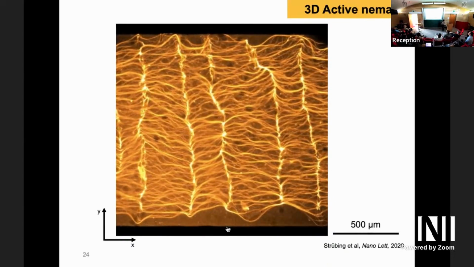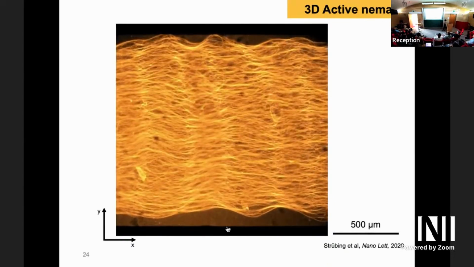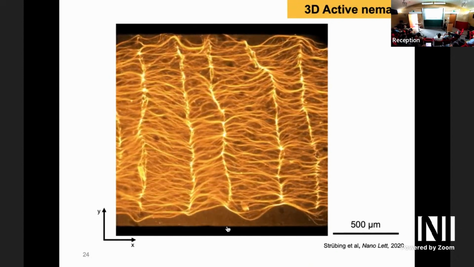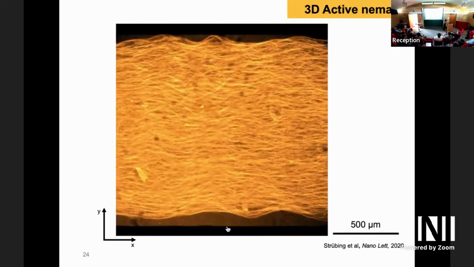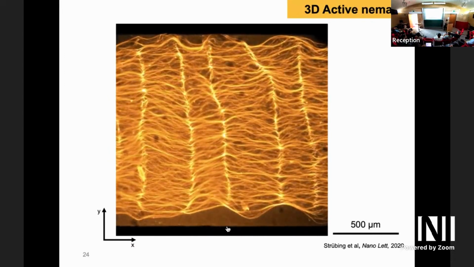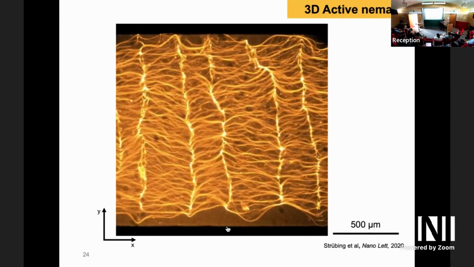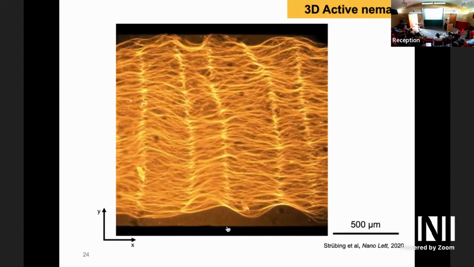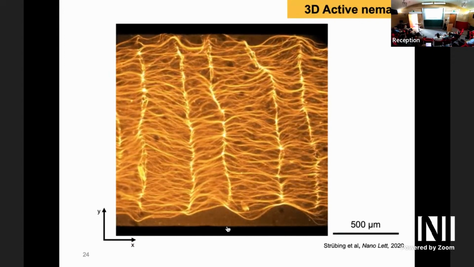And then you can see how long the bundles are. They're oriented along the longitudinal axis of this channel, and they show an aligned arrangement. And then, of course, the emergence of this regular pattern that is characterized by a wavelength.